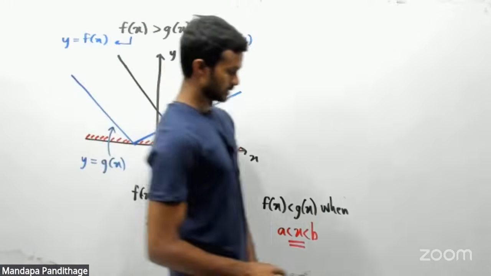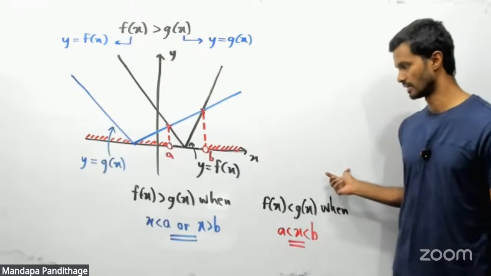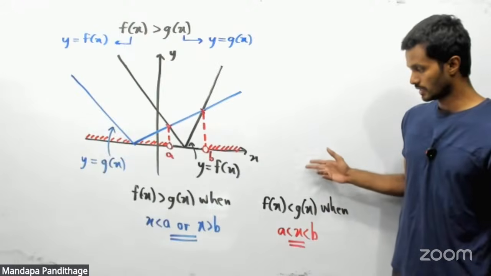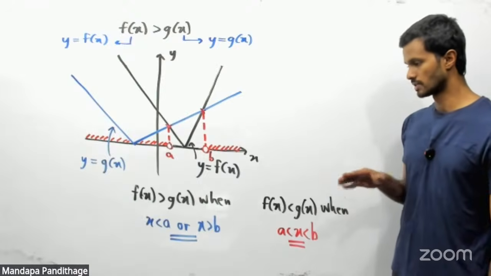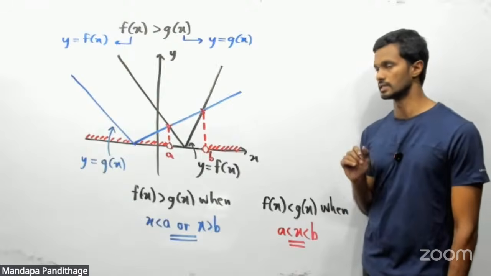Sorry, I got back-to-back calls regarding a case that we are handling. So the first step is to sketch the graphs of the functions which can be seen on both sides of the inequality on the same Cartesian plane.